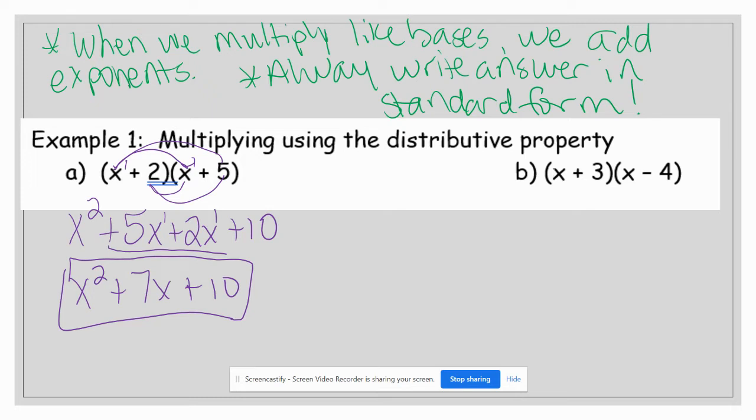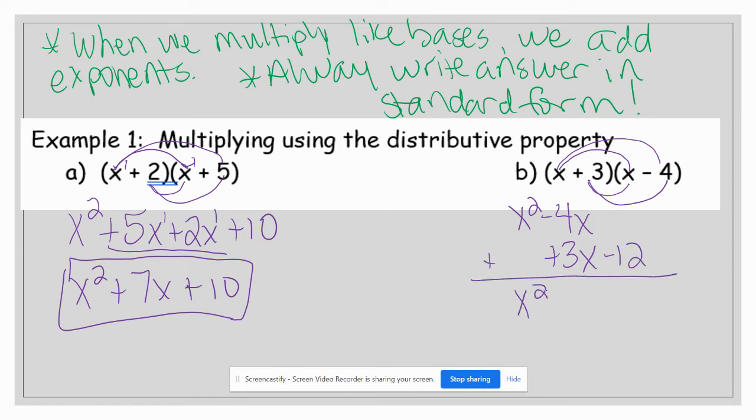Letter B. X times x is x squared. X times negative 4 is negative 4x. Positive 3 times x is positive 3x. I'm going to go ahead and write that under its like term. And then positive 3 times negative 4 is negative 12.